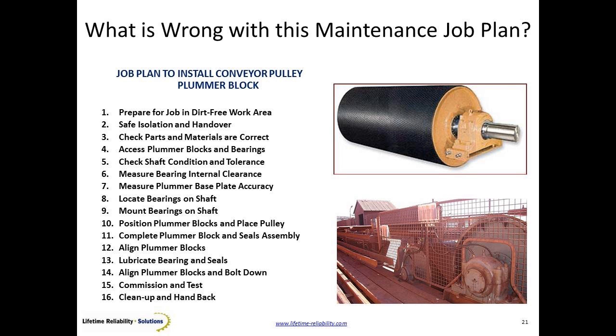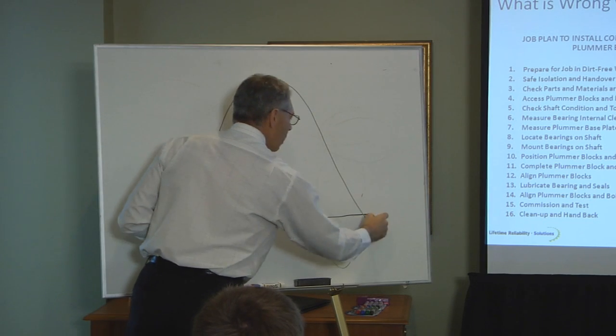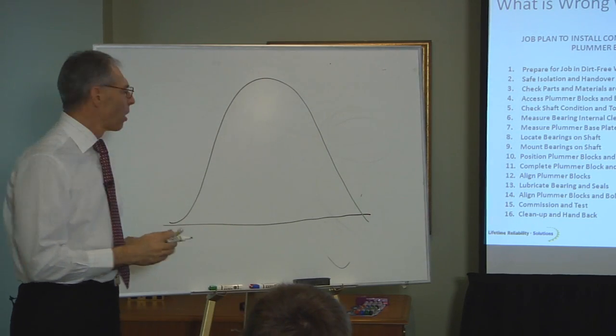So what I've then done, if I just hand that piece of paper to my technicians, and I have 100 technicians that can do that job, and I pick any one of those 100, I have created a distribution of outputs.